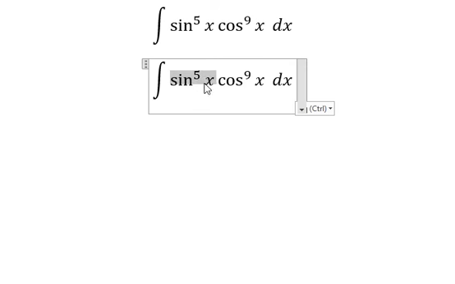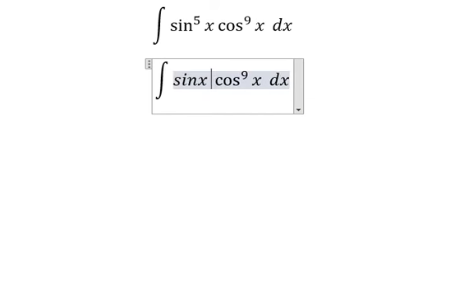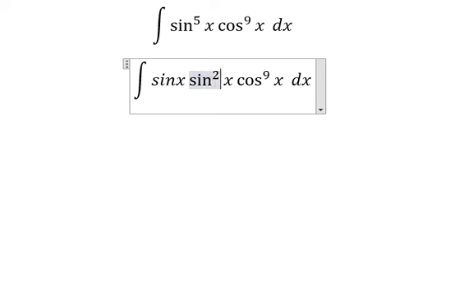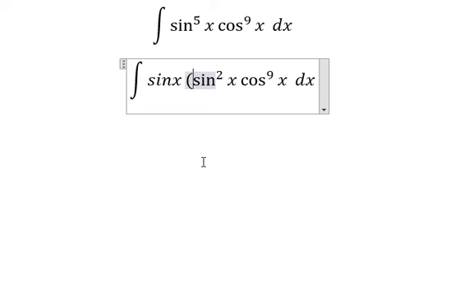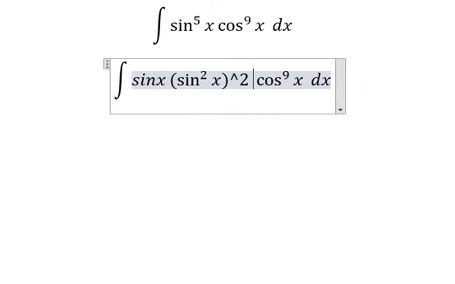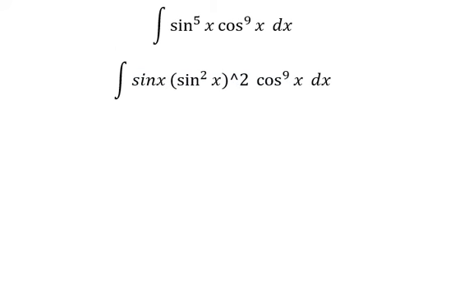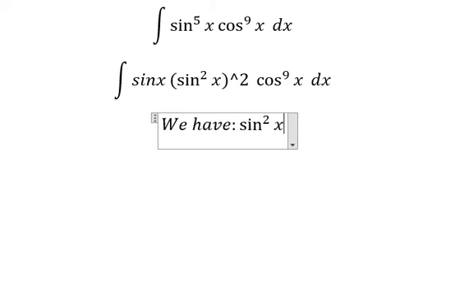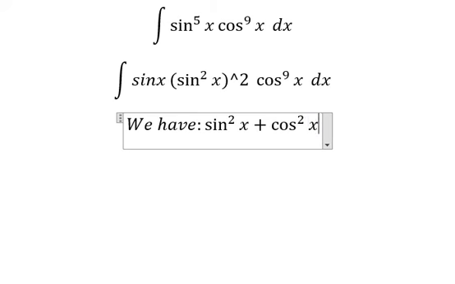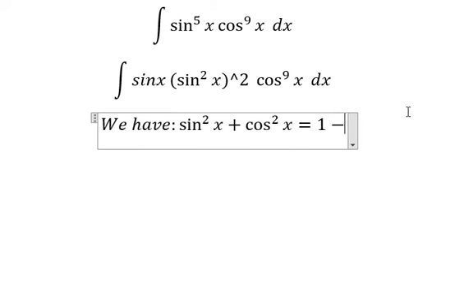About sin x to the power of 5, I can put it into sin x and sin x square, everything to the power of 2. Next, we have the formula in here: sin x square plus cosine x square equals 1.